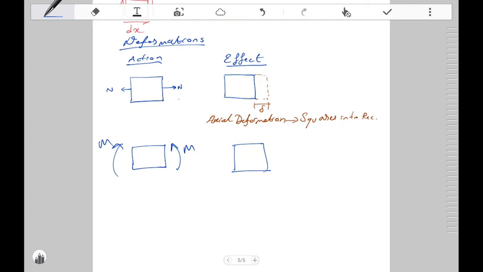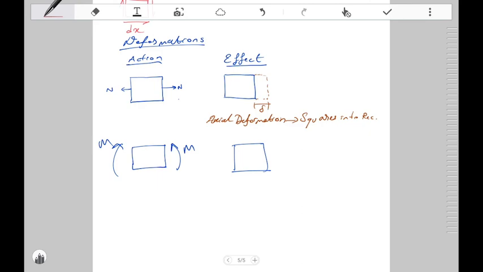Now, how does it deform? If I have a square, what type of shape will I get after the application of this moment? We say that it will become a trapezoid, right?